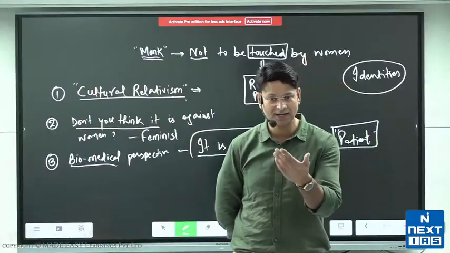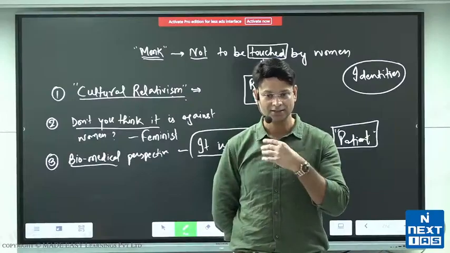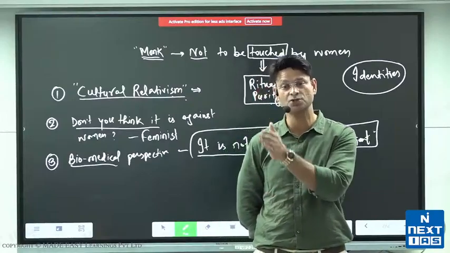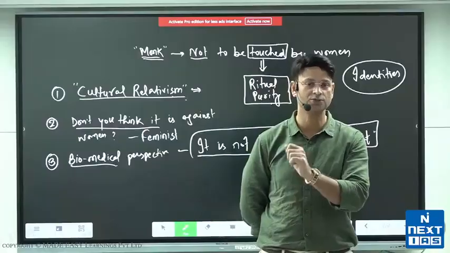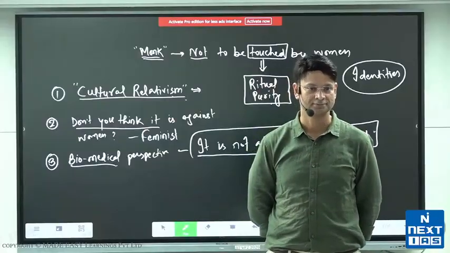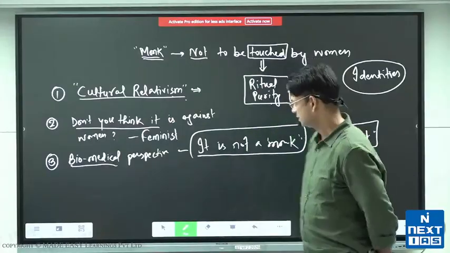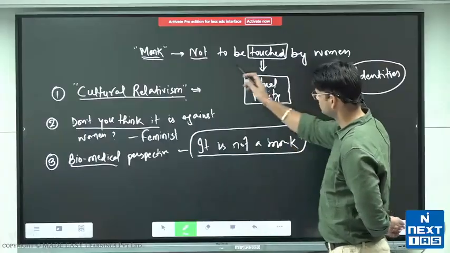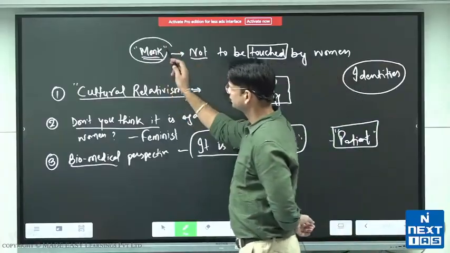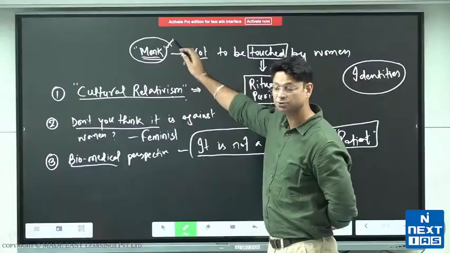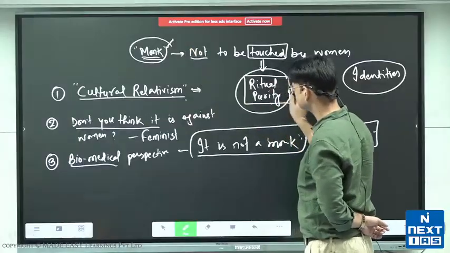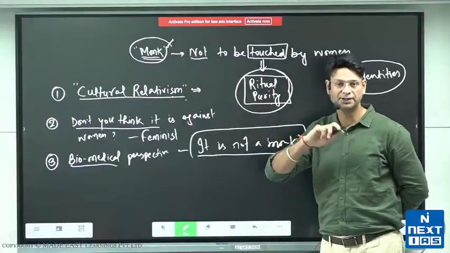Meaning is created by society. That I am a man, that's a meaning created based on the attributes of biology. Isn't it? Monk again is a meaning created by the society and it is based on some attributes, and this is the attribute. Monk means purity.